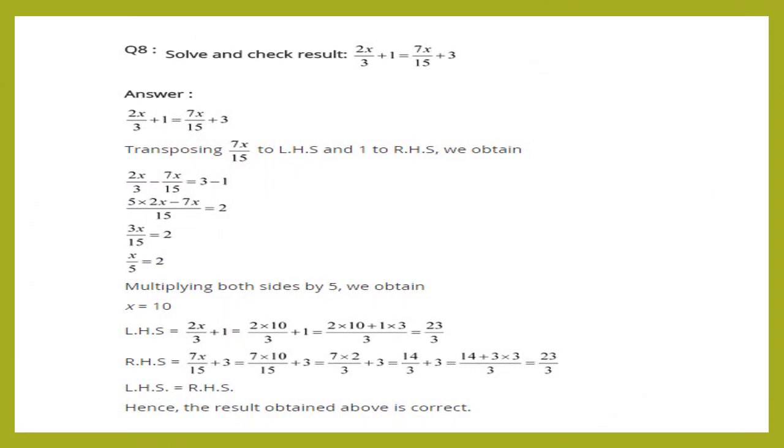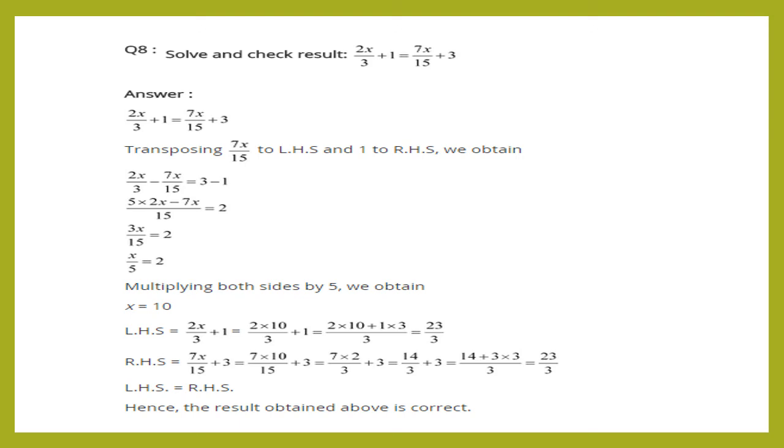Now let us move on to the 8th question, children. Solve and check the result. 2x by 3 plus 1 equals 7x by 15 plus 3. Children, transposing this 7x by 15 to LHS and plus 1 to RHS, the equation becomes like this.